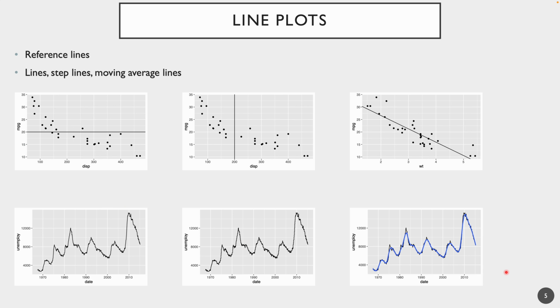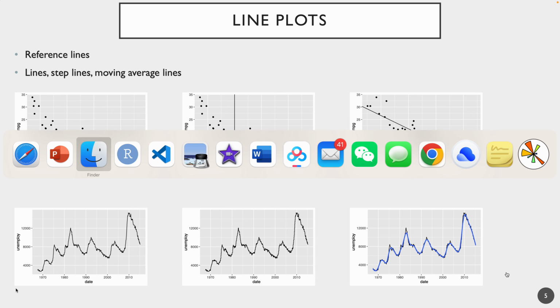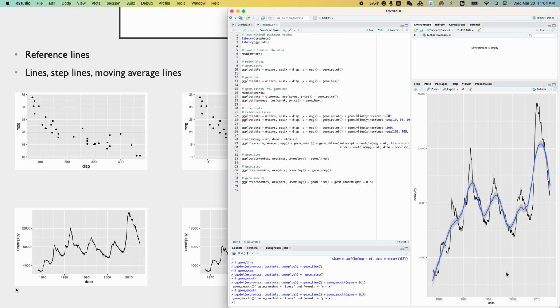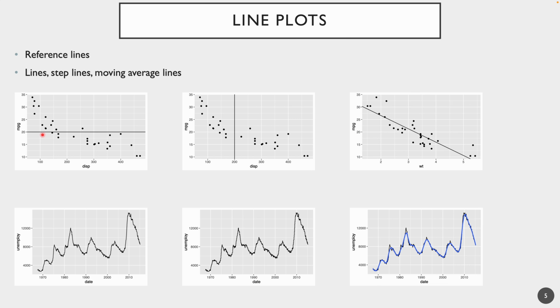Then the second category of plots are the line plots. Here we're going to use RStudio to give further examples. The first subgroup of the line plots are the reference lines, for example the horizontal lines, the vertical lines, and the linear regression lines.